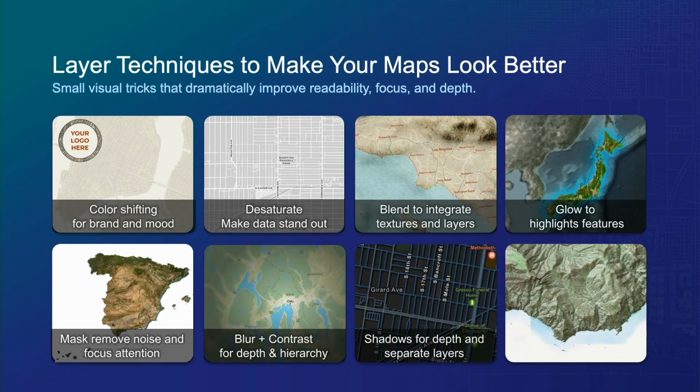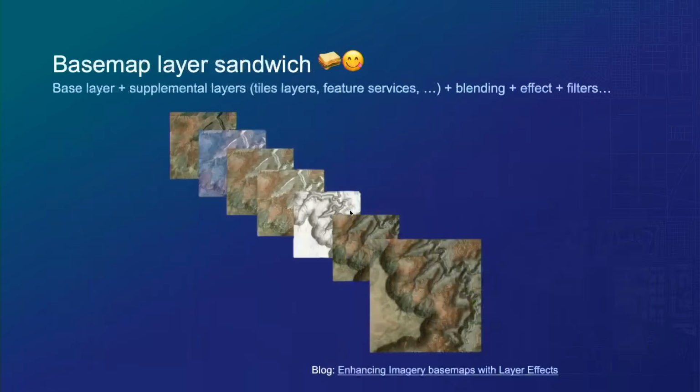Then there is something that we are going to see right now in another demo, which is how you can apply shadows to the buildings and to the streets to make them elevate from the map, which will give it another feeling. And then there are plenty of examples where you can take all these different techniques and combine them in different ways. So I'm really excited about the things that can be done and that you will be able to do after this session with some of these ideas.